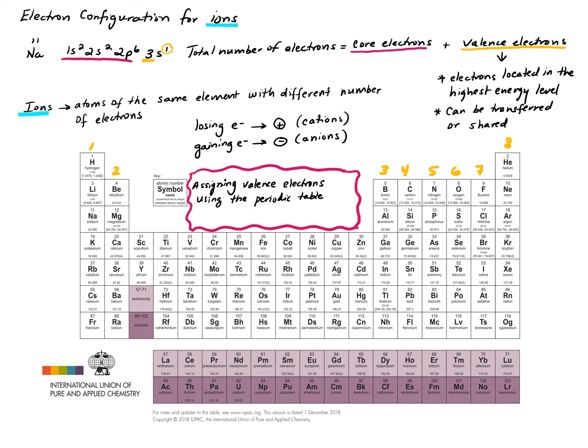If you look at the different energy levels for that electron configuration for sodium, we have electrons in the first energy level, the 1s2, electrons in the second energy level, those two electrons in that s orbital in the second energy level, 2s2, and we have also p electrons in the second energy level, 2p6.